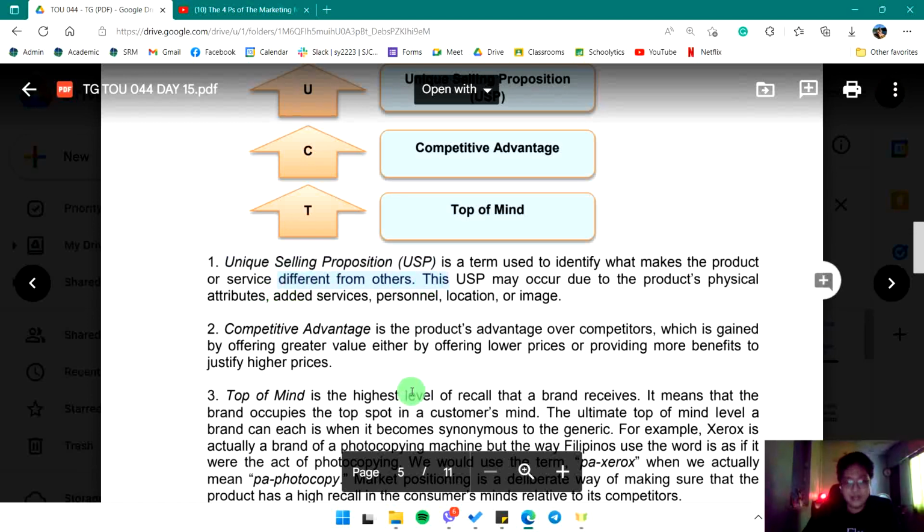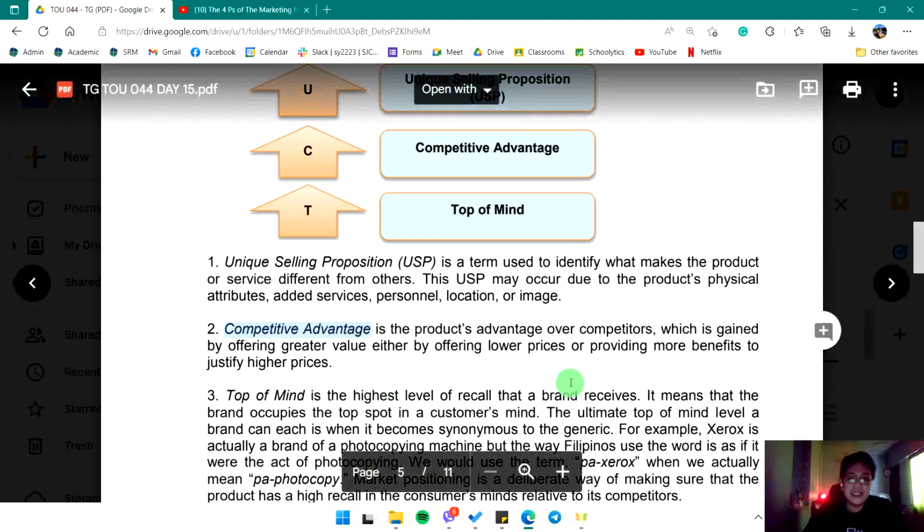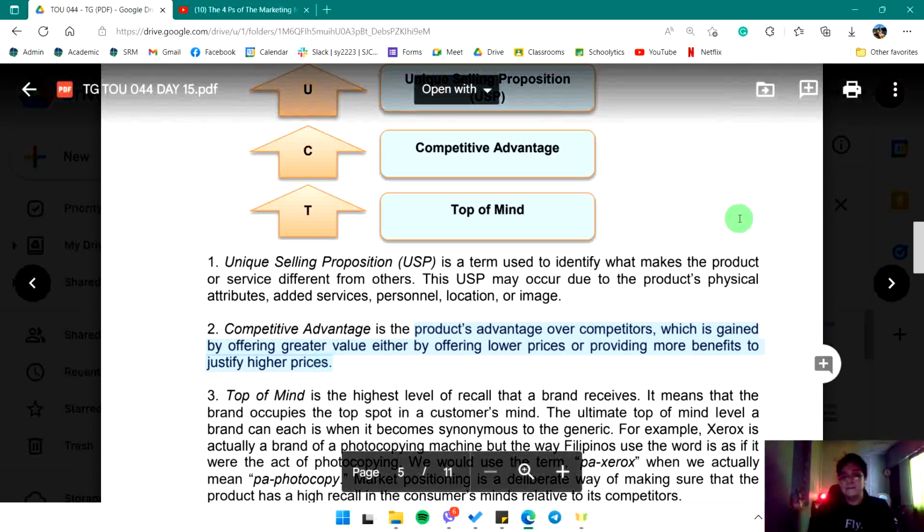ay different from others. Next is competitive advantage, and when it comes to competitive advantage, ibig sabihin po nito is dinadamihan natin ang mga inclusions ng ating produkto. The product's advantage over competitors, which is gained by offering greater value, either by offering lower prices or providing more benefits to justify higher prices.